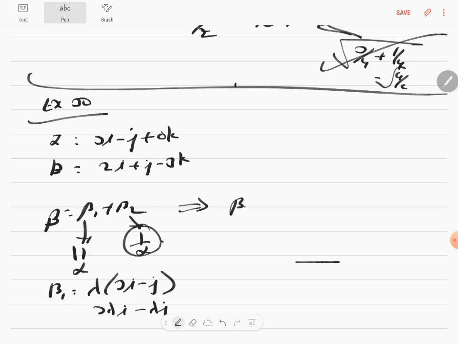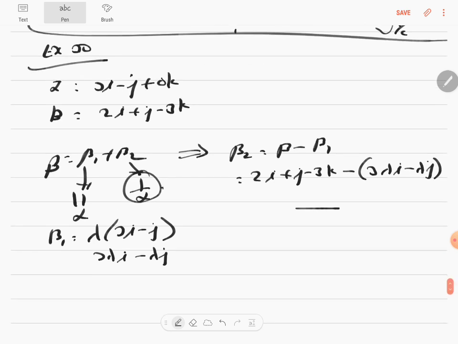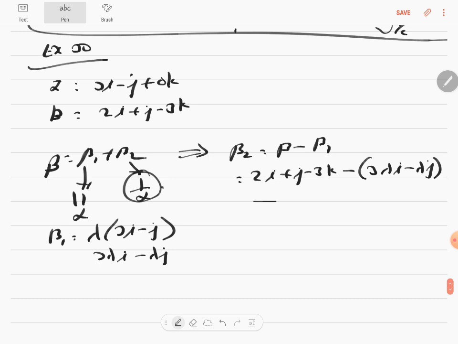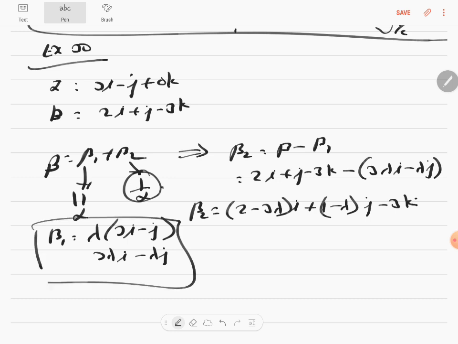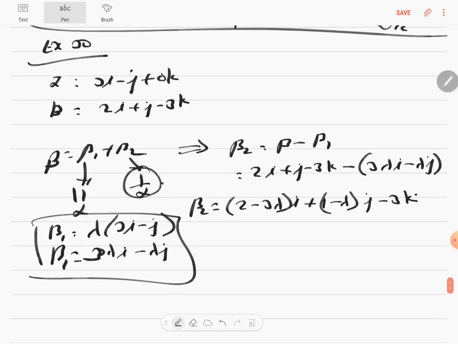Therefore, remember beta 2 is equal to beta minus beta 1. Beta is 2i plus j minus 3k minus beta 1, which is 3 lambda i minus lambda j. So consolidating the i's and j's, 2 minus 3 lambda into i plus 1 minus lambda into j minus 3k is the subtraction where you get beta 2. Now you know what is beta 1, you know what is beta 2. But here it's given that beta 2 is perpendicular to alpha. Remember this one.